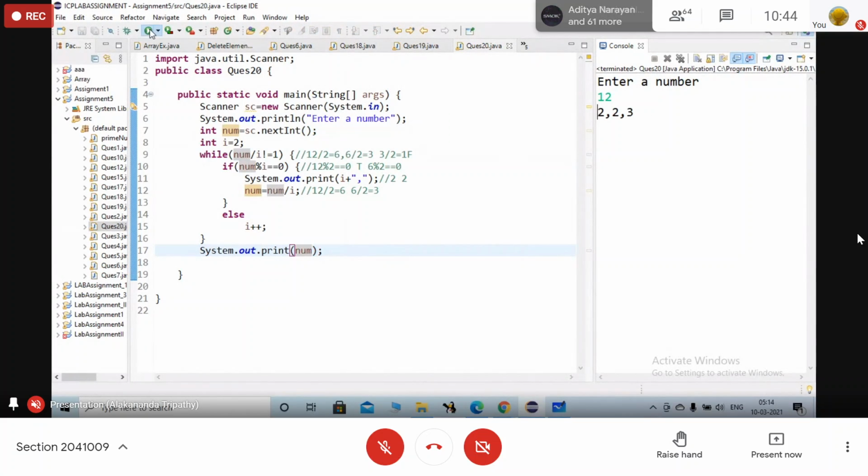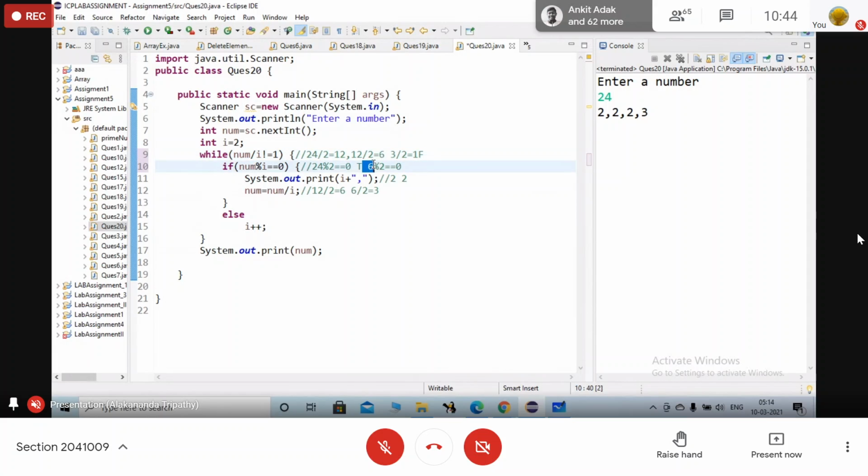Okay. Now check another number, 24. So what are the factors of 24? यहाँ पर पहले क्या करोगे? 24 divided by 2, it is 12. So check 24 mod 2 equals to कितना है? 0. So it is printing 2. Again here 12 divided by 2, यहाँ पर कितना आ जाएगा? 6.